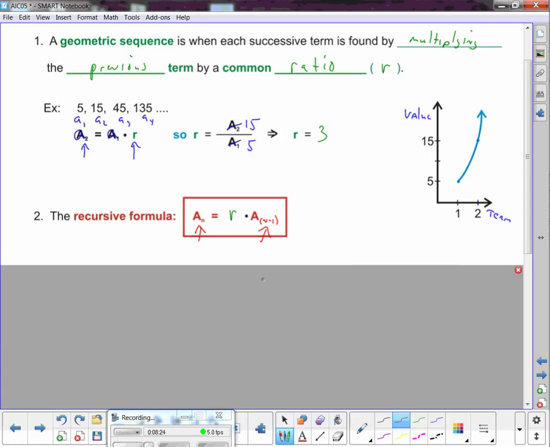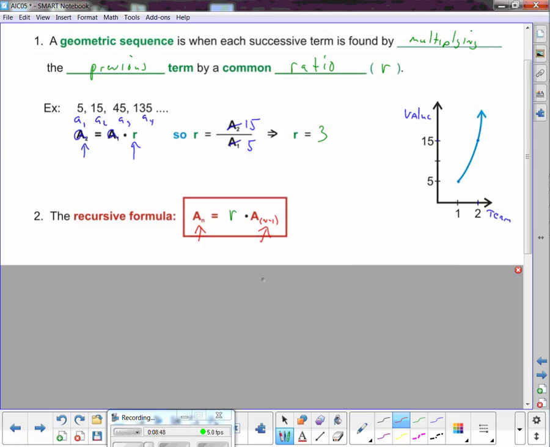All right. So again, what the recursive formula does for us is it allows us to find a term if we know the previous term. If I know the 20th term is 10, if I multiply it times R, negative 3, I'll get the 21st term. 10 times negative 3 is negative 30. The 21st term must be negative 30. If I know the 7th term, I can multiply it by R and get the 8th term.